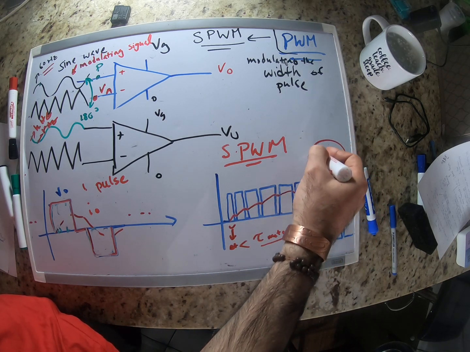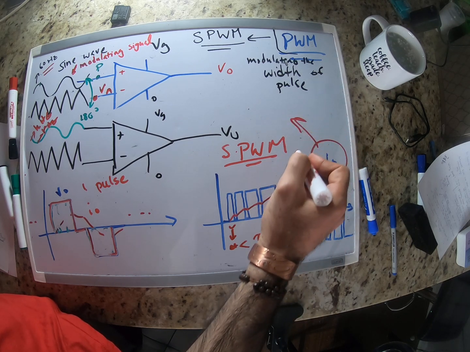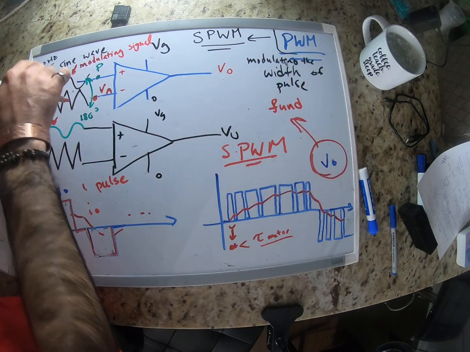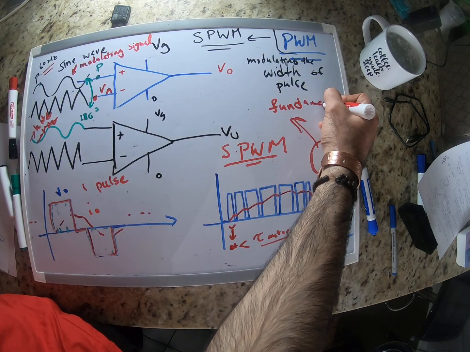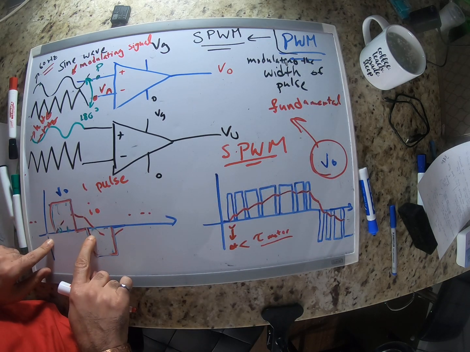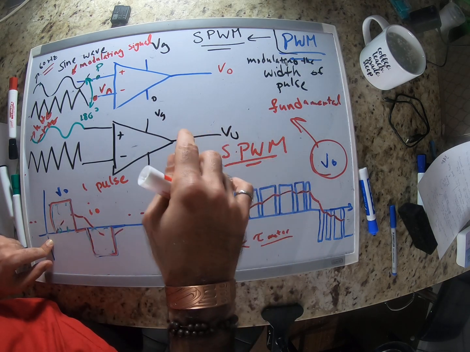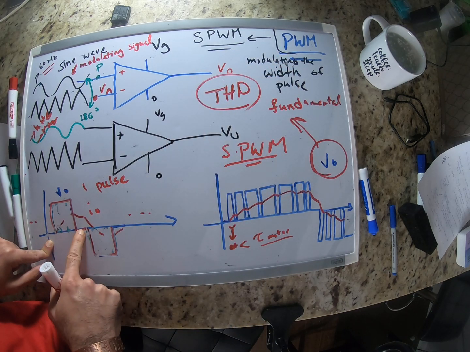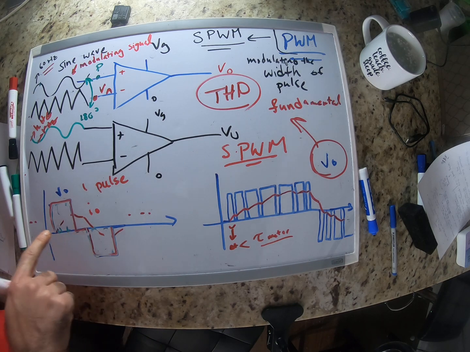Also for the voltage, if you calculate the Fourier transform and the fundamental frequency, which is the 60 hertz frequency that you want to have, this is going to have much lower THD compared to this one, okay?